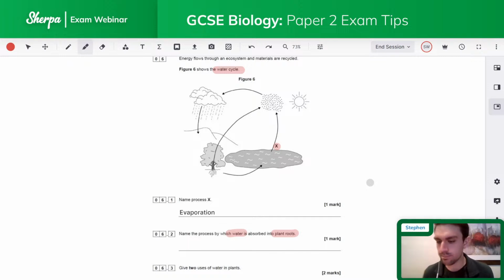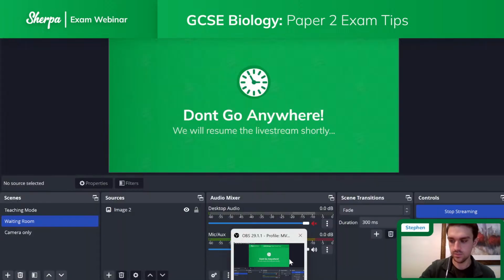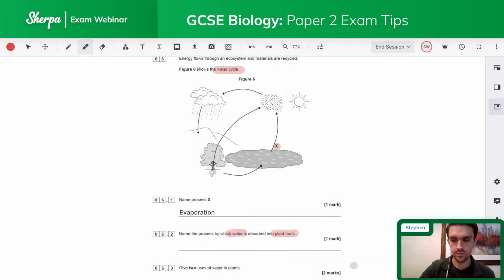Right then, is that any better for anyone? Let me know in the comments. Does that seem to come across a little better? Not as crackly, hopefully. Yes, do let me know in those comments if that is a little better for you there. Yeah, any better there?